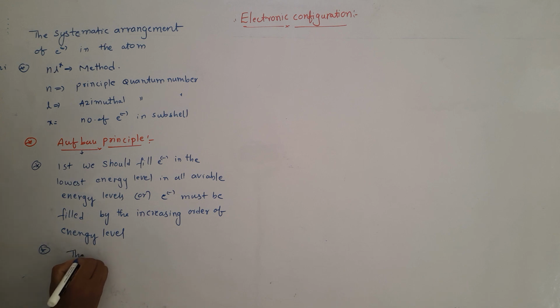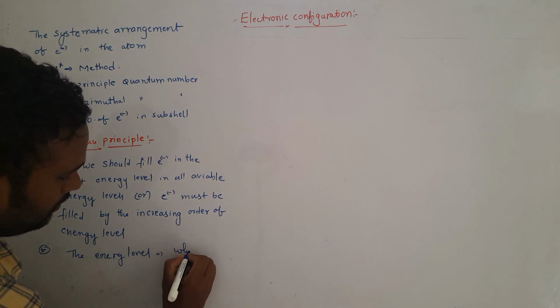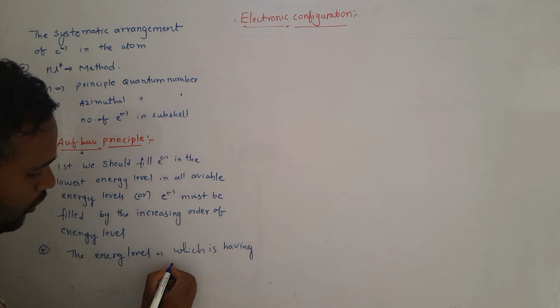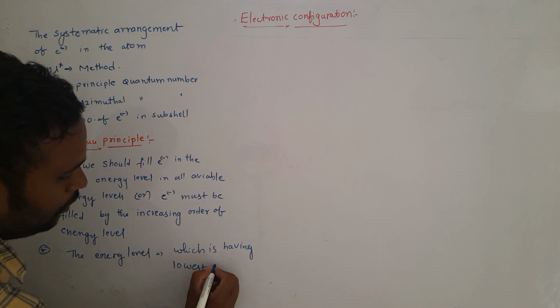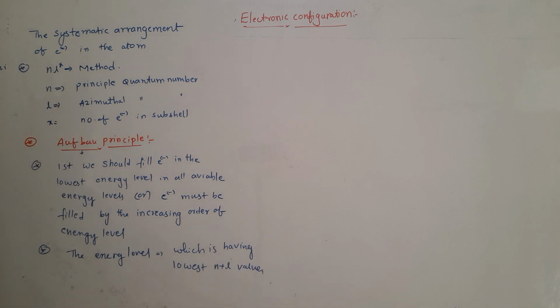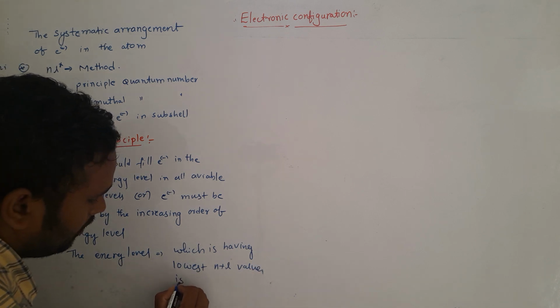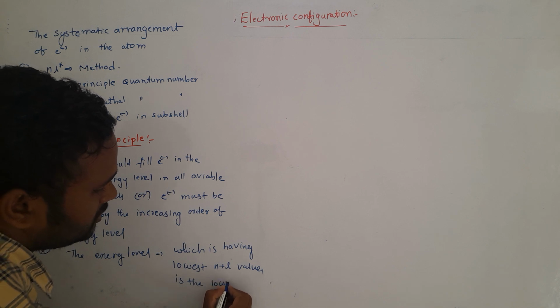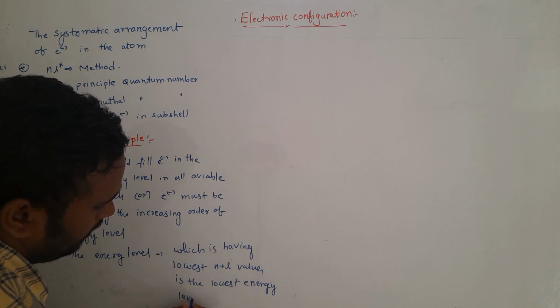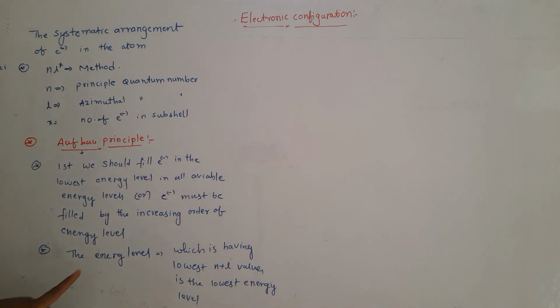The energy level which is having the lowest n plus L value is the lowest energy level. First we need to see their n plus L value.